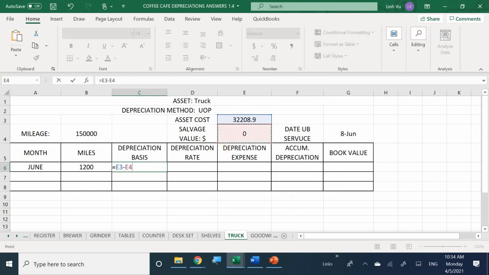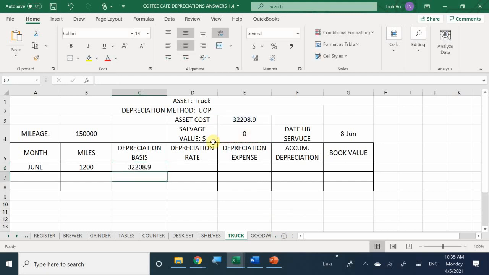In this case, do we have a salvage value? No, we don't have a salvage value. So that means it's going to be equal to your asset cost, which is the 32,208.90. All right, good.